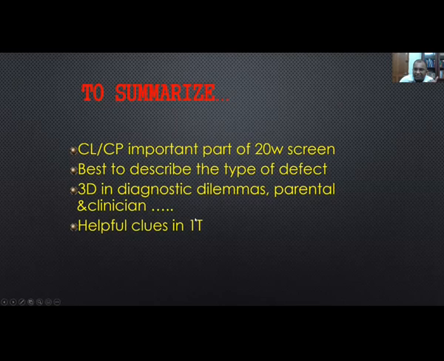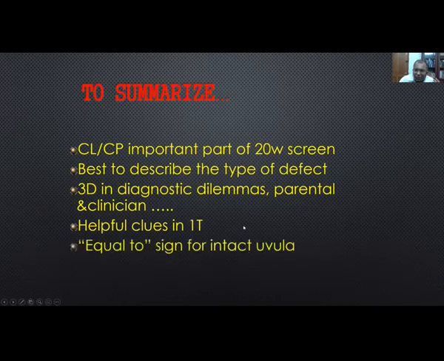In the first trimester, the maxillary gap, interrupted premaxillary triangle, and also the uvula give very useful indications of a normal face, lips and palate.